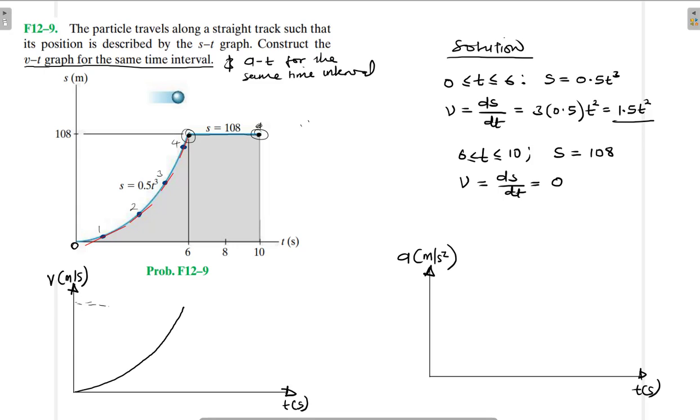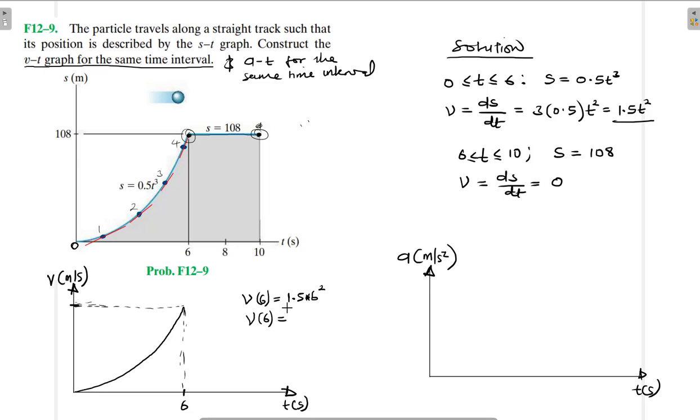Okay, so what is this maximum point here? This point here is v of 6, at 6 seconds here. v of 6 is going to be equal to 1.5 by 6 squared. v of 6 gives us 1.5 by 36. 36 by 1.5 is what?